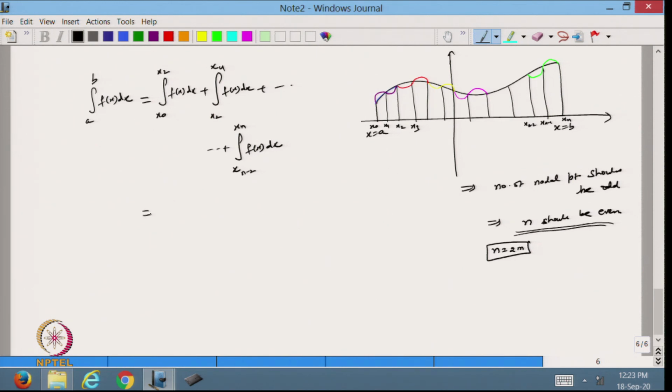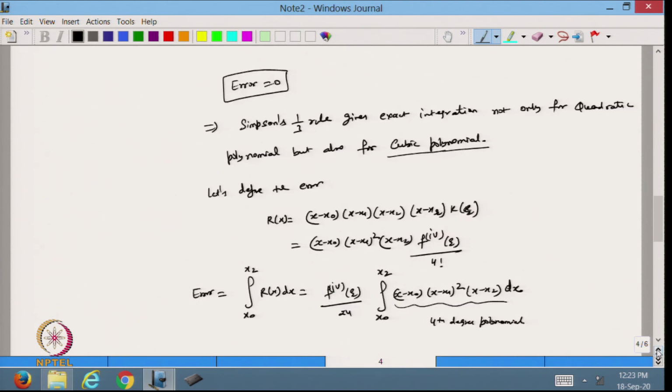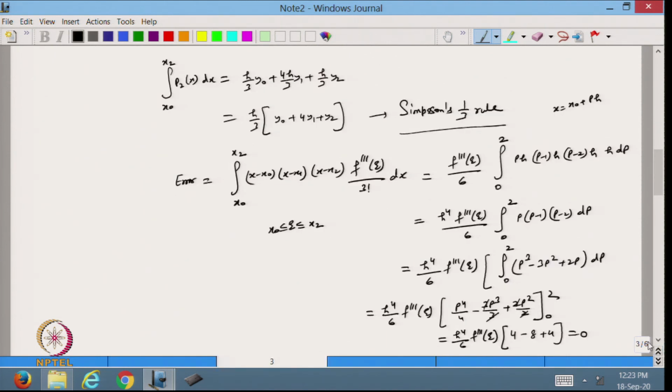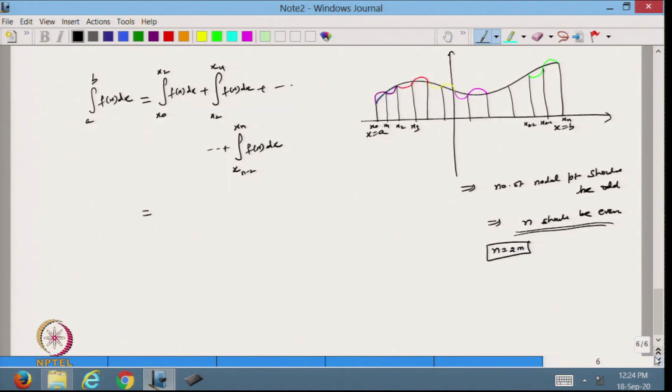This is represented by the interpolating polynomial. Now I will use the formula: h by 3 times (y0 plus 4 y1 plus y2), where h is (b minus a) by n.